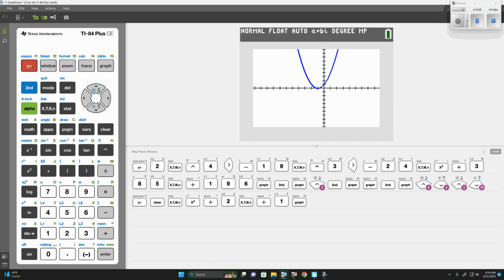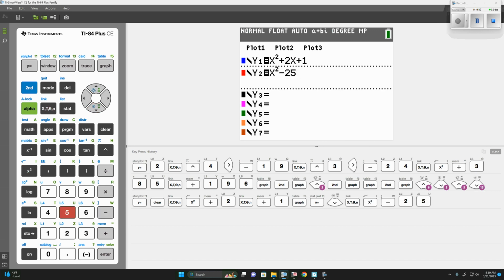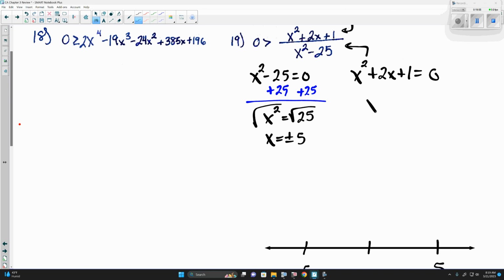Now, yes, x squared minus 25 does intersect the x-axis at +5 and -5. We could have graphed both of these and got our answer pretty quickly, or solved it either way. And it actually does work out. x squared plus 2x plus 1 has a solution of x equals -1 and x is equal to -1. That's it.